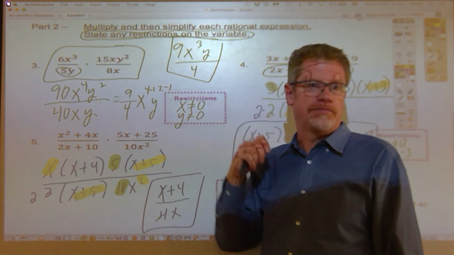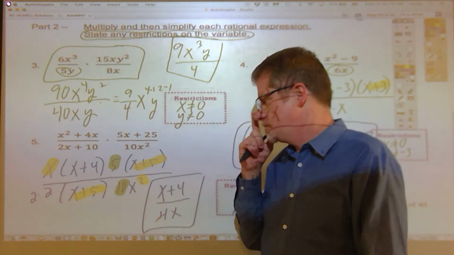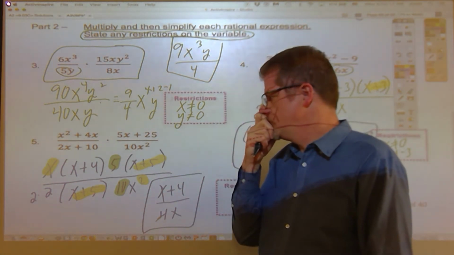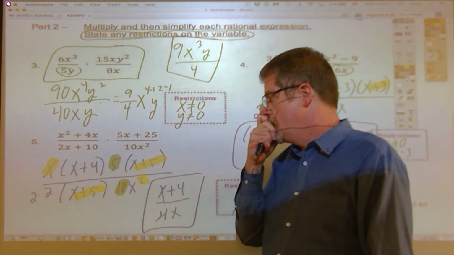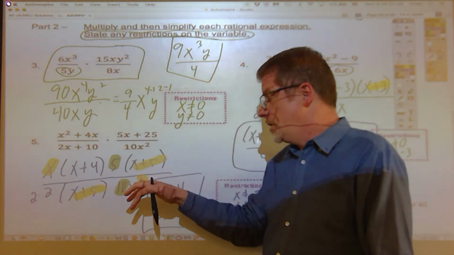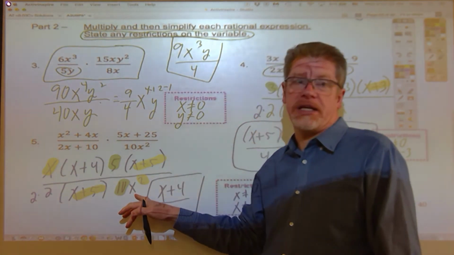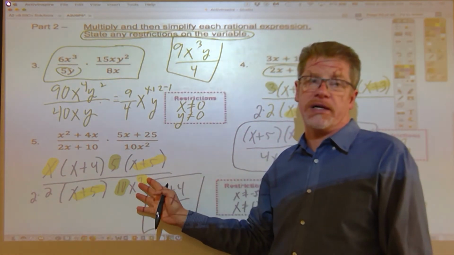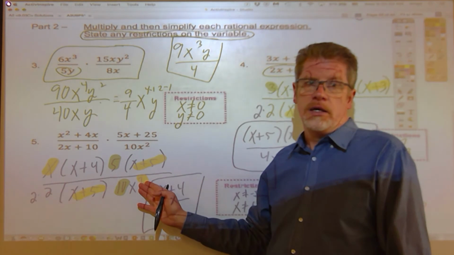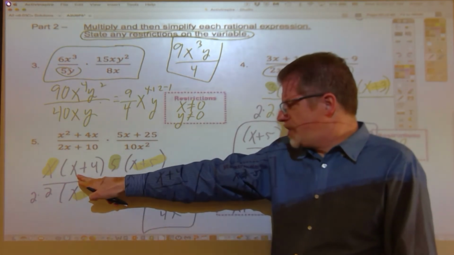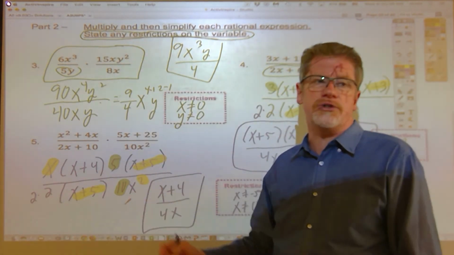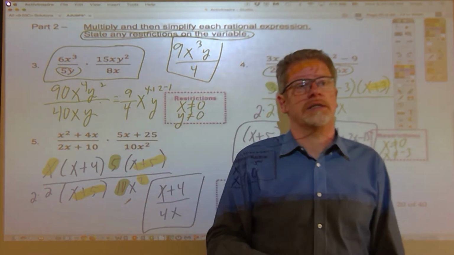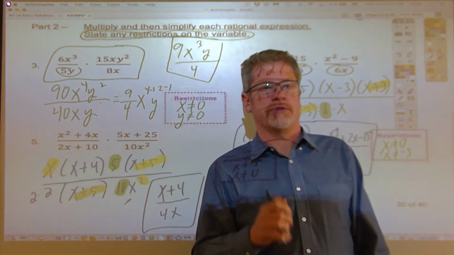Yeah, but can't you cancel both, because it's the x squared plus 4x? No, not both can be canceled. Only one of these 2 x's cancels. Were you thinking of this x here? Oh yeah, but that goes back to our discussion about canceling only when you have factors.